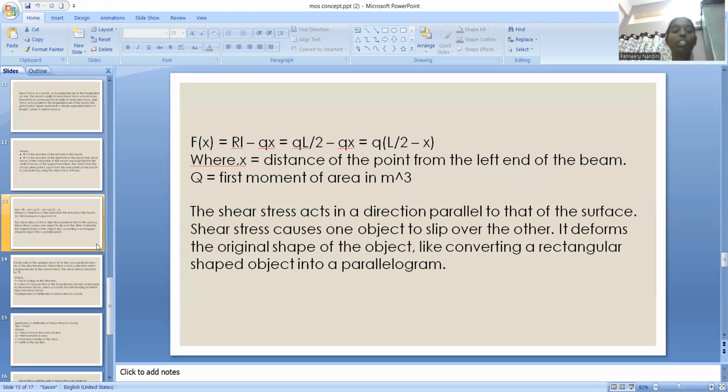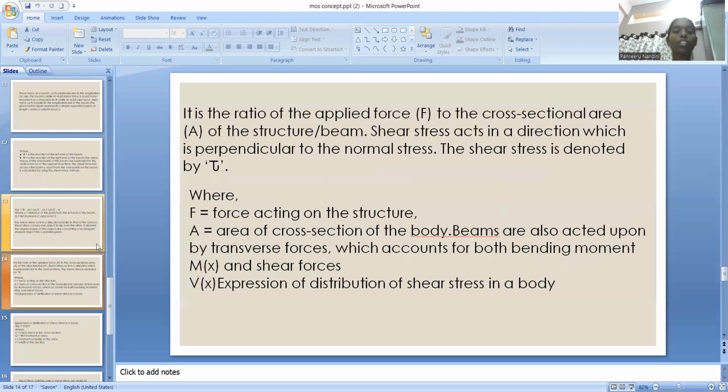It deforms the original shape of the object, like converting a rectangular shaped object into a parallelogram. It is the ratio of the applied force F to the cross-sectional area A of the structure or beam. Shear stress acts in a direction which is perpendicular to the normal stress.